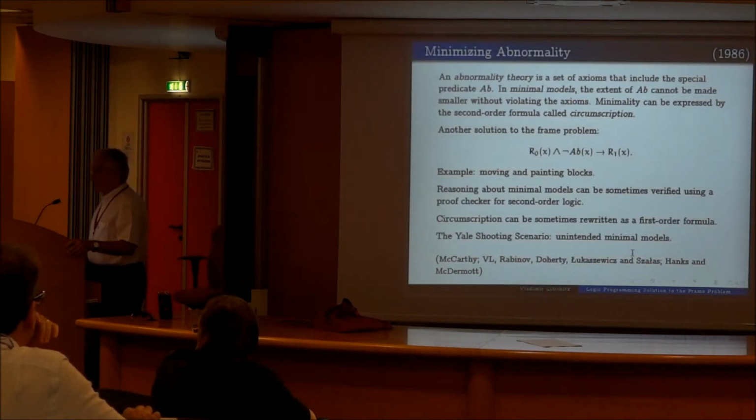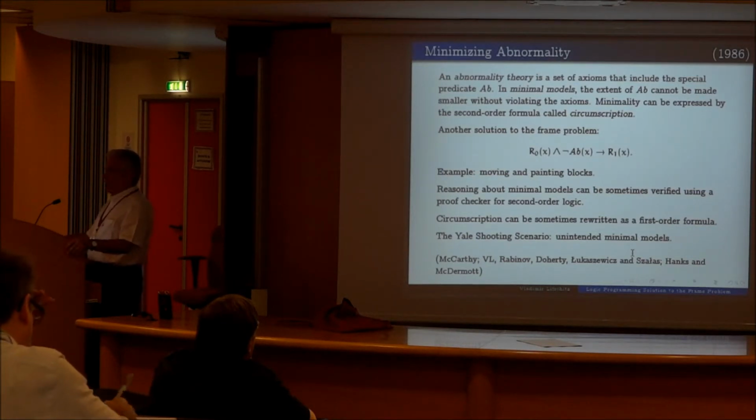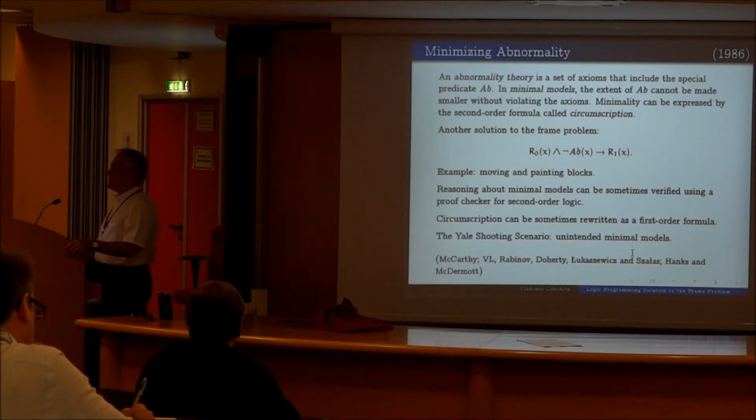Six years later, another approach to the frame problem was proposed. In John McCarthy's paper on applications of circumscription to formalizing common sense knowledge, he introduced what he called abnormality theories. An abnormality theory is essentially a first-order theory that uses a special predicate, ab.